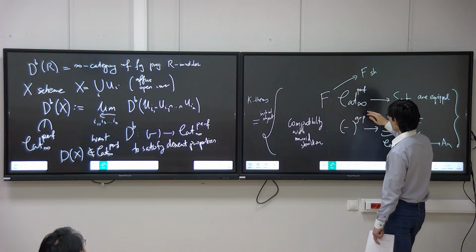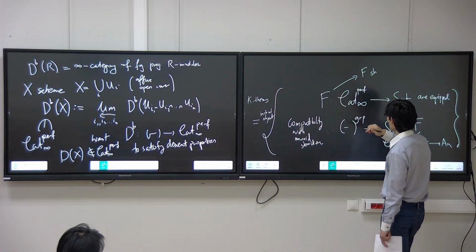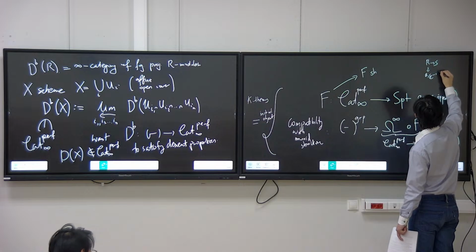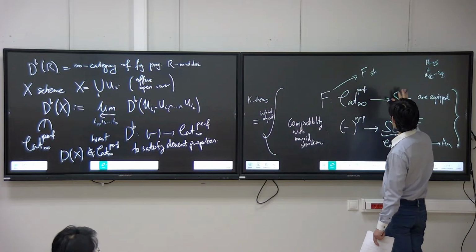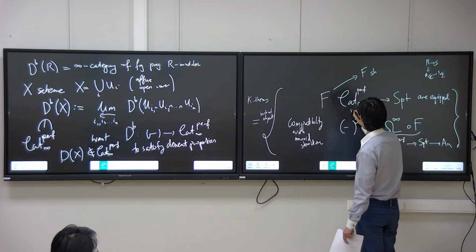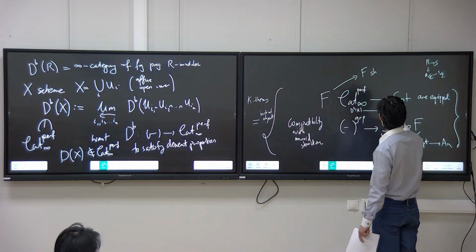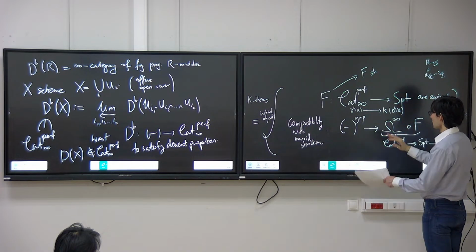If we take a Milnor square, R, S, R/I, S/I, plugging in D^b(R) here should give us K-theory of D^b(R), and similarly for D^b(S) and so on. And these K-theories should satisfy some descent.